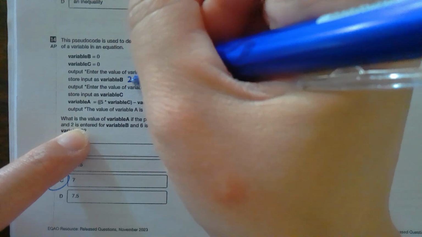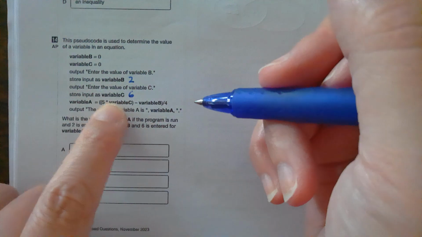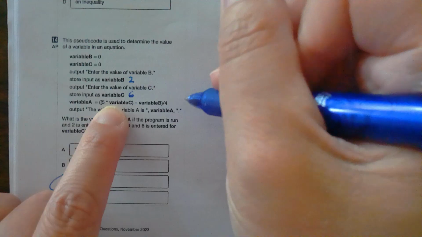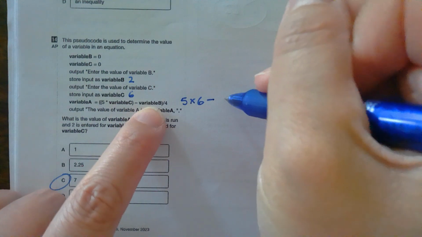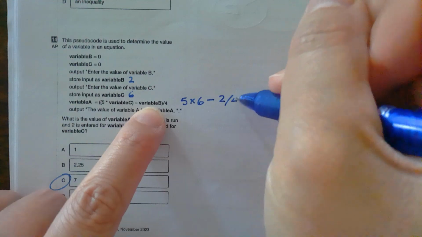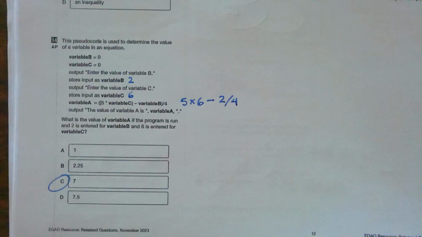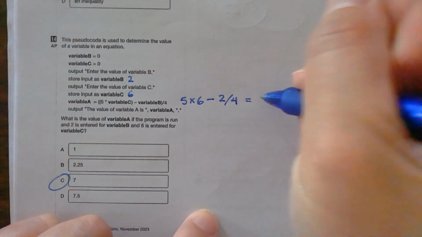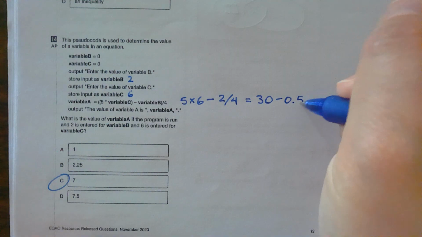It says 2. And the value of C, you entered 6. So variable A is 5 times 6 minus 2 divided by 4. Right? So when we do that math, 30 minus a half, basically.